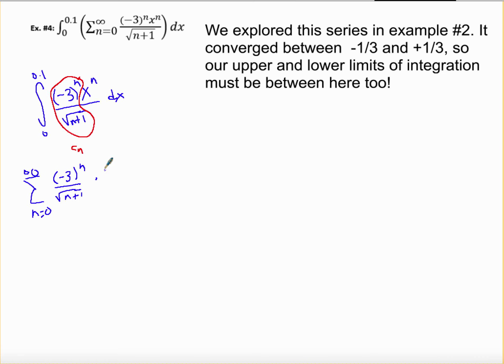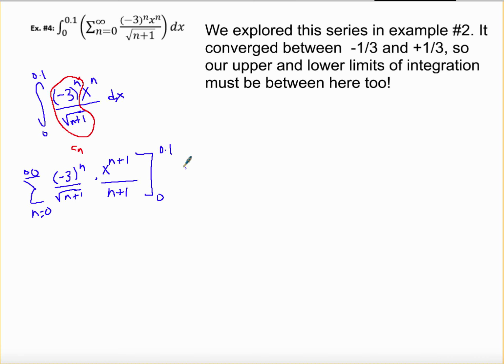So the next thing that we would do here is take our original and add 1 to the exponent, and then we divide by the new exponent. It's the same rule for integration as we've done a bazillion times. And we're going to calculate this from 0 to 1/10.